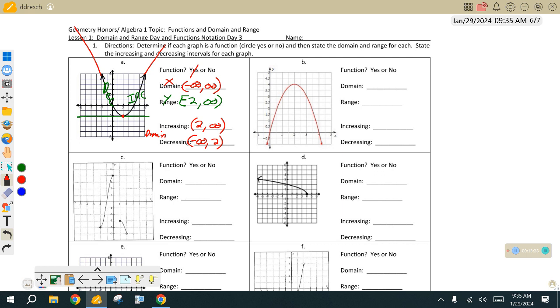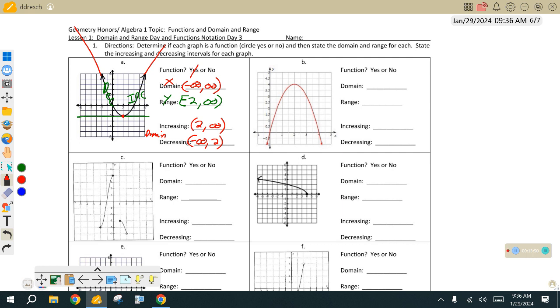So on the increasing and decreasing interval right here, typically we put a parenthesis because that's where it flips, okay? So at 2 is that special location where, again, it changes from decreasing to increasing. So usually at 2 is where we'll use a parenthesis where it goes from one to the other, okay?